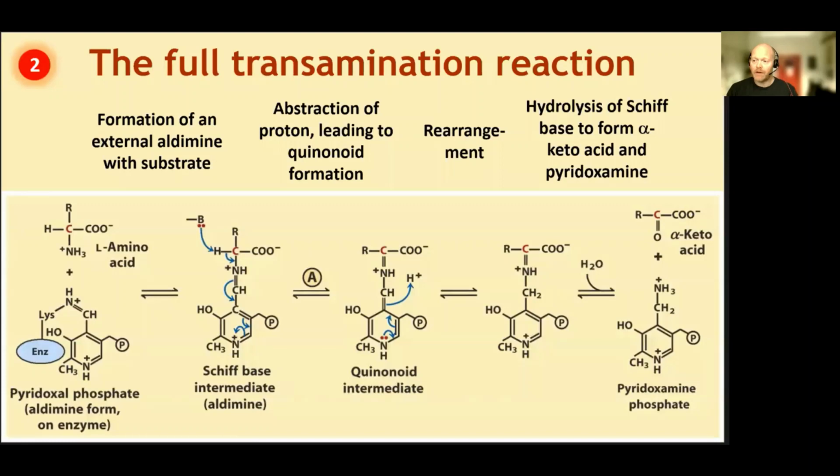This reaction pathway is the same as shown on the top of the previous slide, but with more detail. So the reaction starts at the left with the pyridoxal phosphate being bound to the enzyme through an internal aldimine bond.